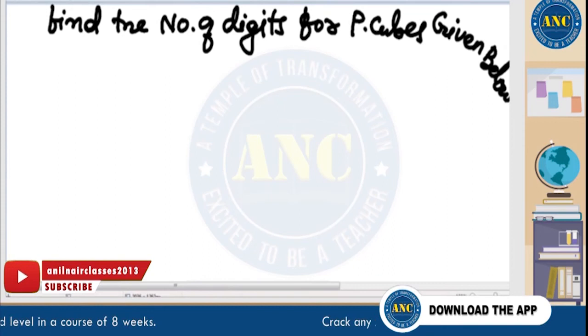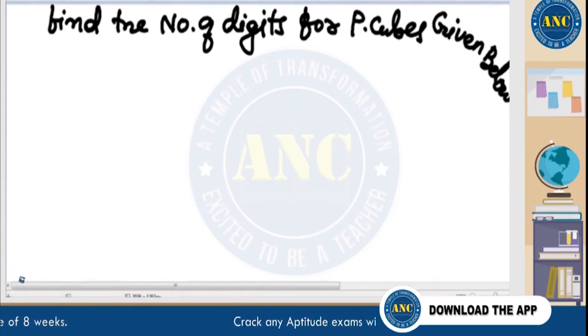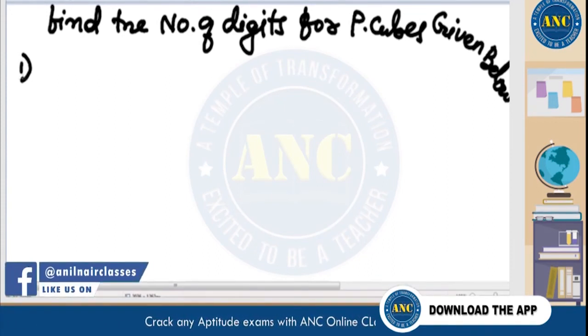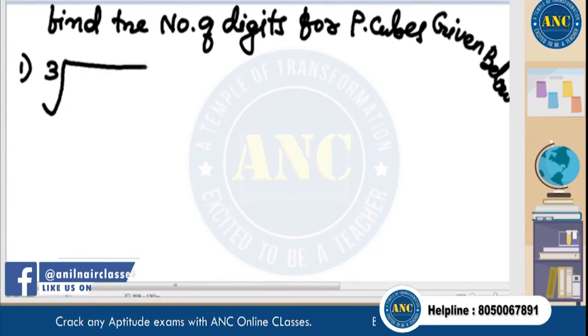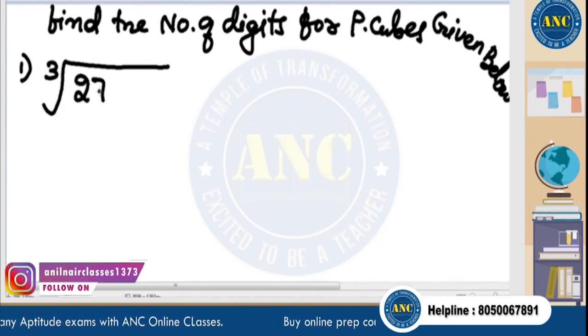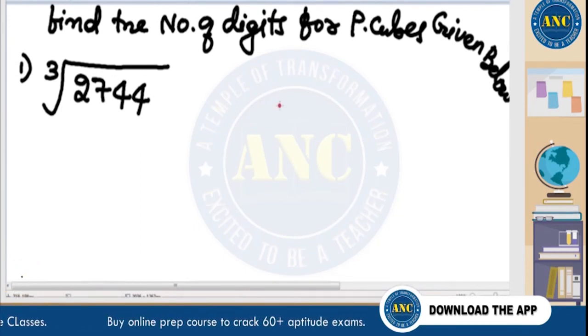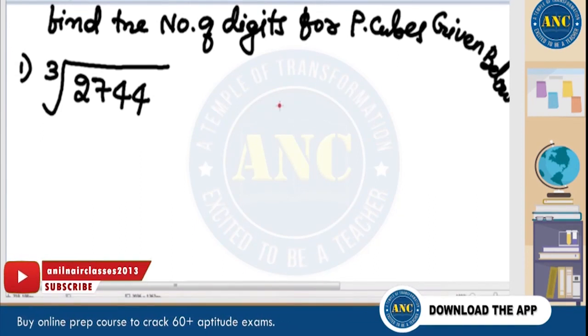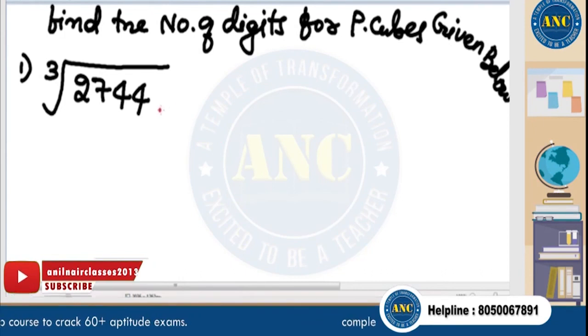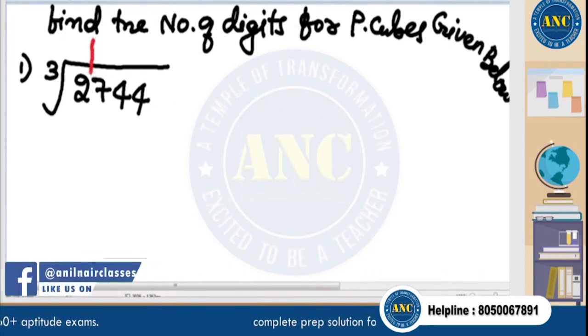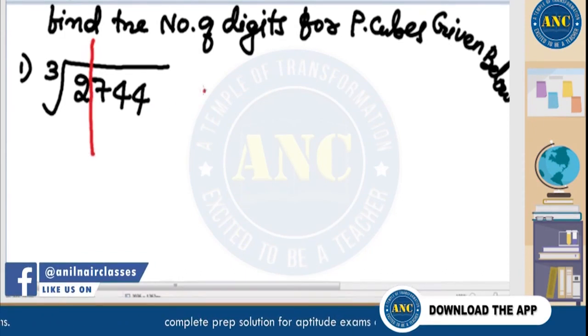How to check whether a number is a perfect cube or not, that also we will discuss. All the given numbers are perfect cubes. He is not asking the answer. He is asking how many digits are there in the answer. Step number 1: because it is a cube root, put a slash after every 3 digits.